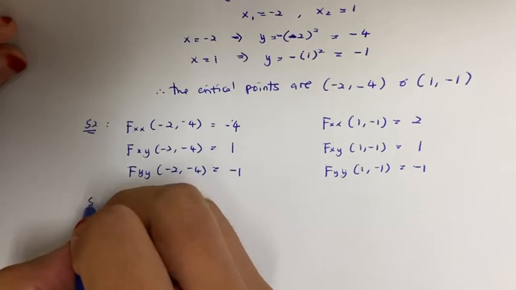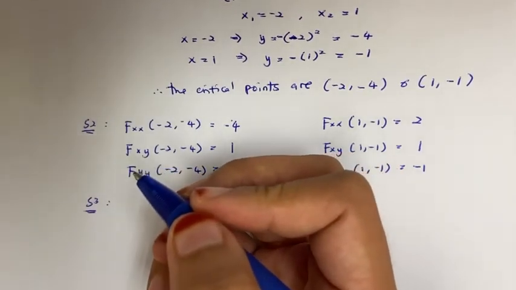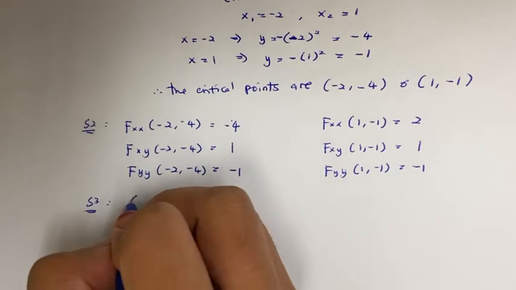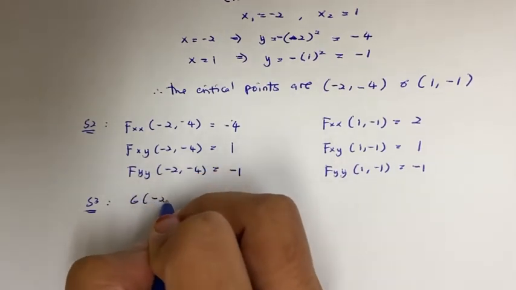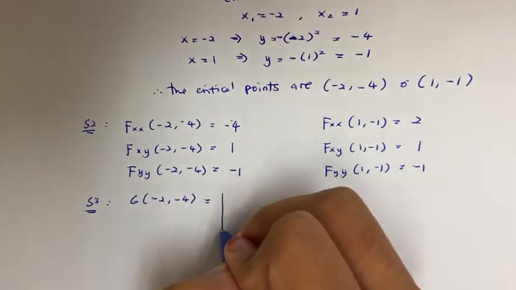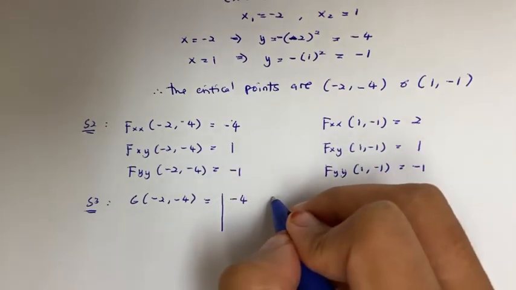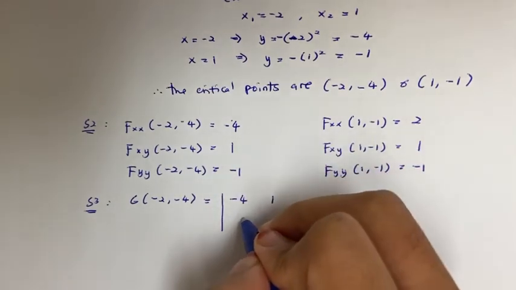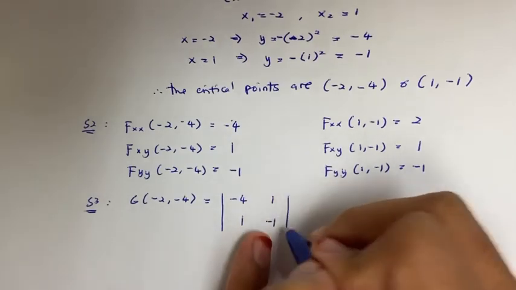The third step, you need to find the g. Find the g for the first point, negative 2, negative 4. We substitute: here we have negative 4, we have 1 here and 1 over here, and we have fyy here.